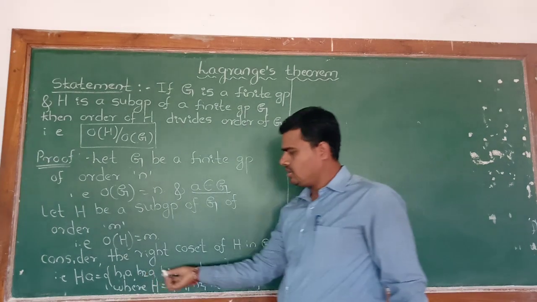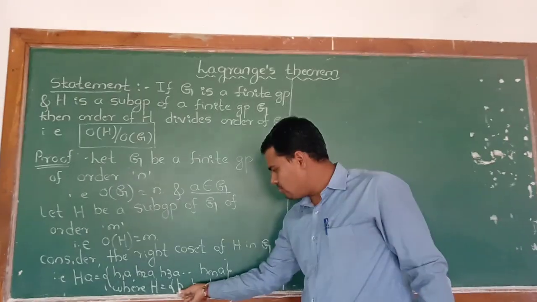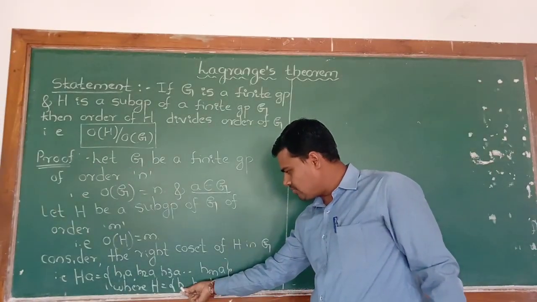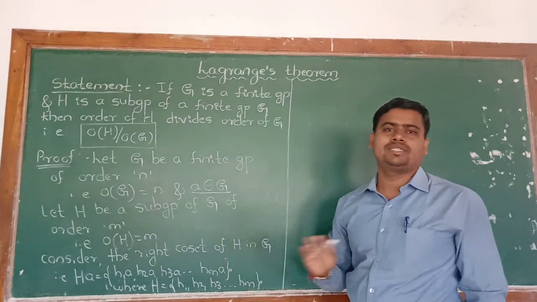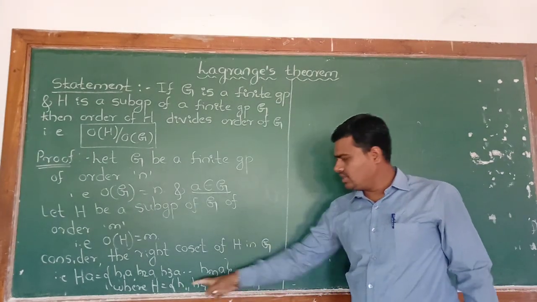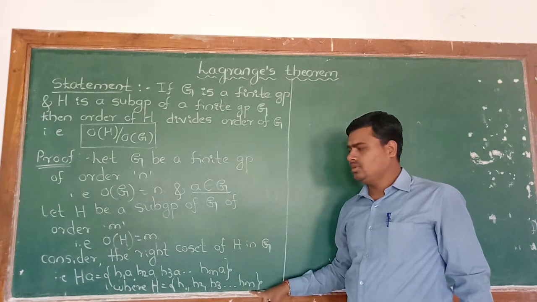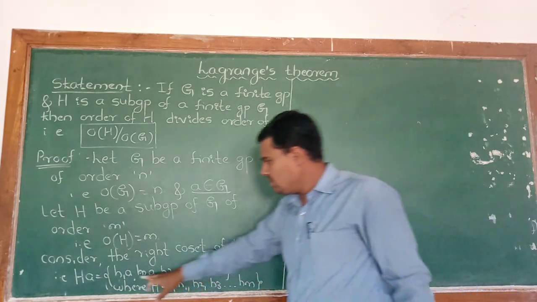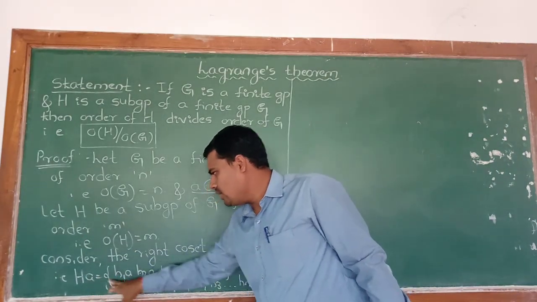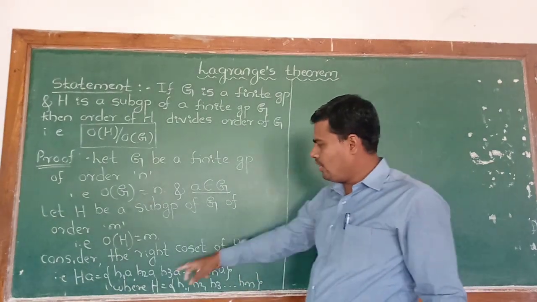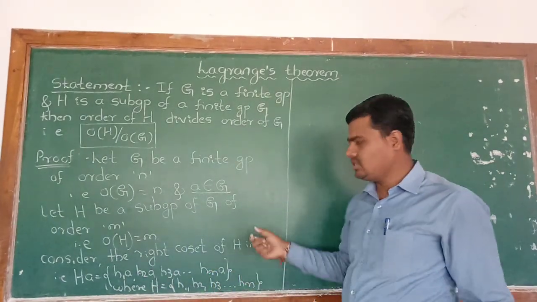Fine. Then observe here, in H we have the elements from h1 to hm. These are all distinct. Suppose in Ha, if any two elements are equal, then what happens? Observe here.